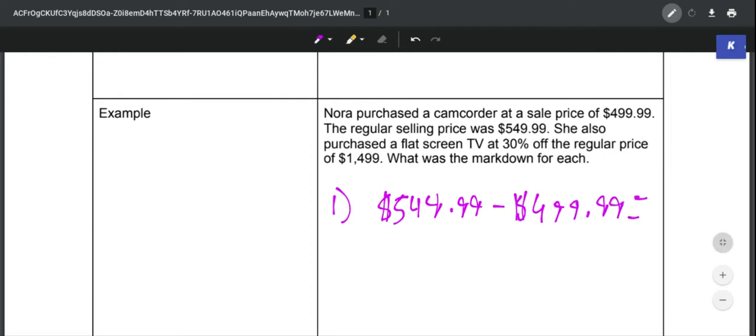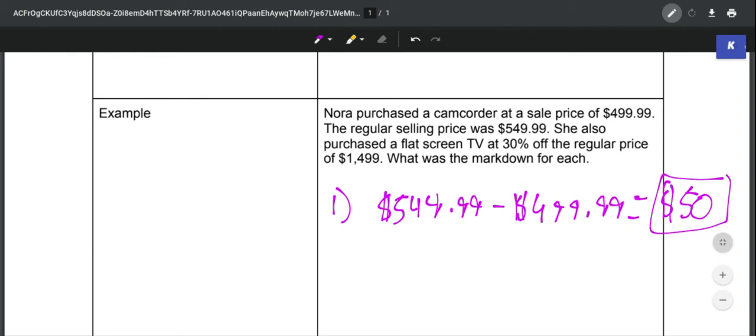That difference is the actual markdown. So it would actually be a markdown of $50. So that's the first part of this example.